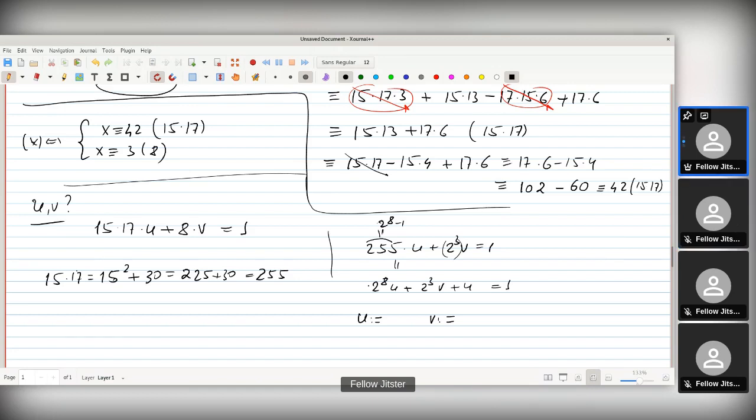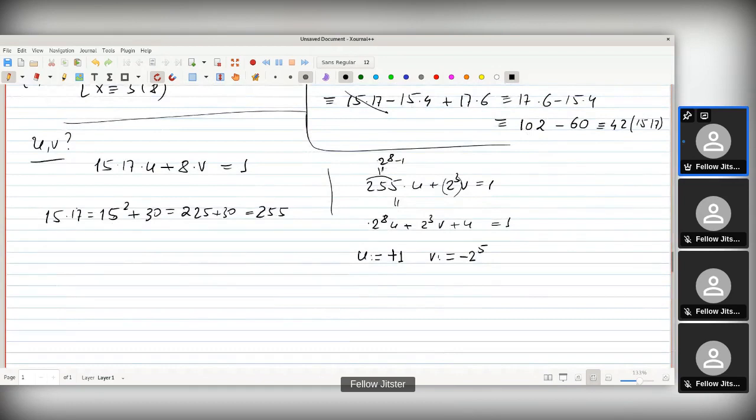Minus 1, really? Or 1? No, minus 1. Oh, or maybe not. No. It holds for the first system. No. Minus 1. And here we need minus.